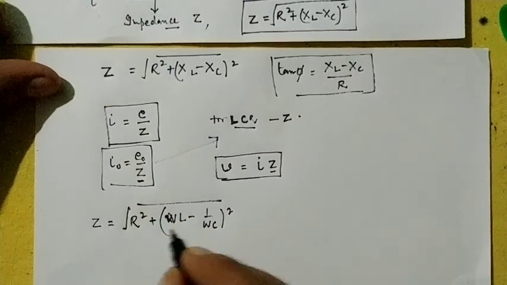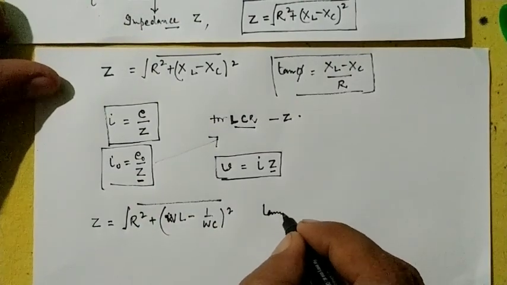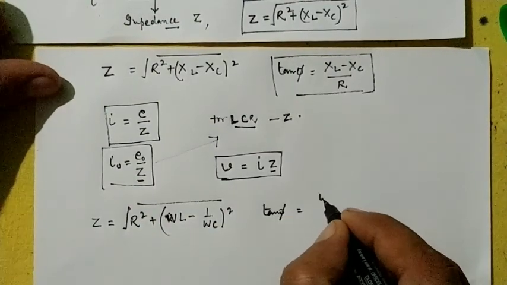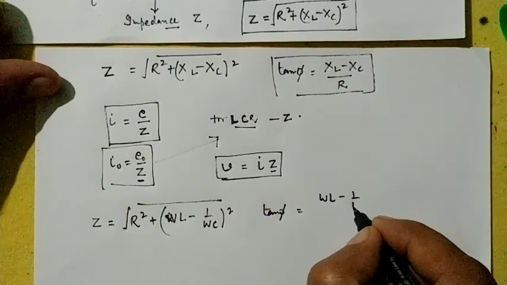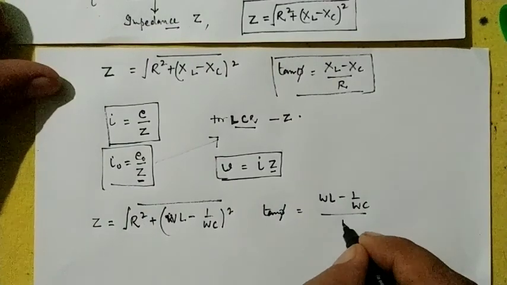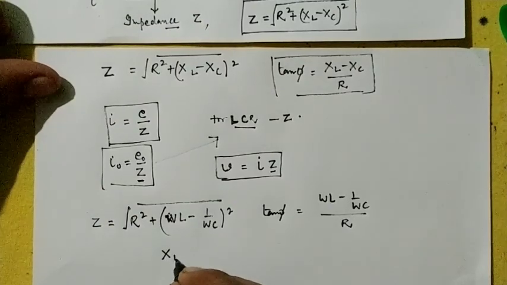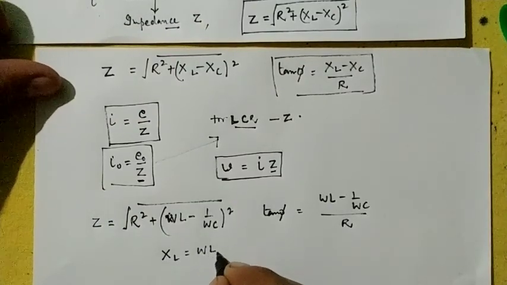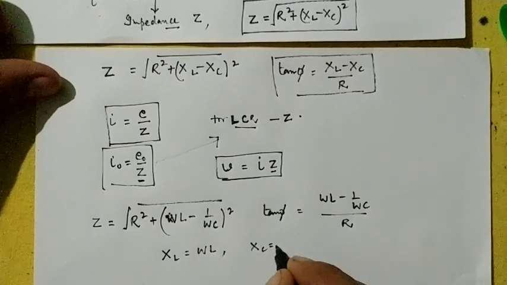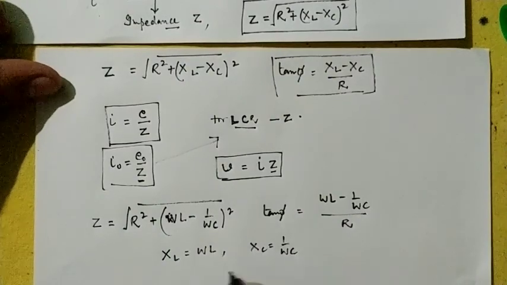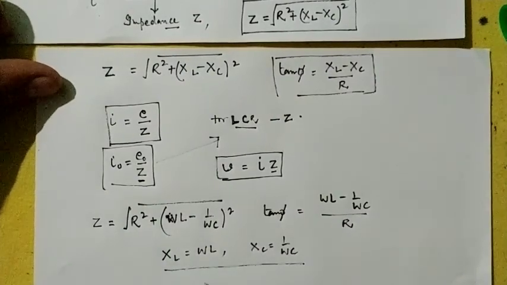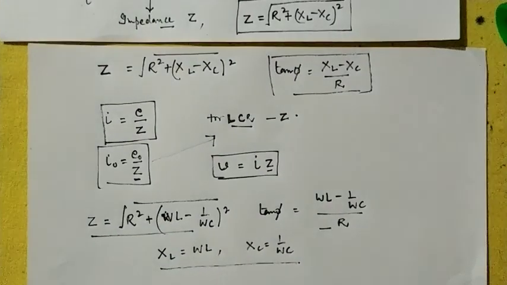And what is tan phi then? It is omega L minus 1 upon omega C divided by R. As we know, here XL is equal to omega L and XC is equal to 1 divided by omega C. So these relations are very, very important for numerical problems, and thank you.